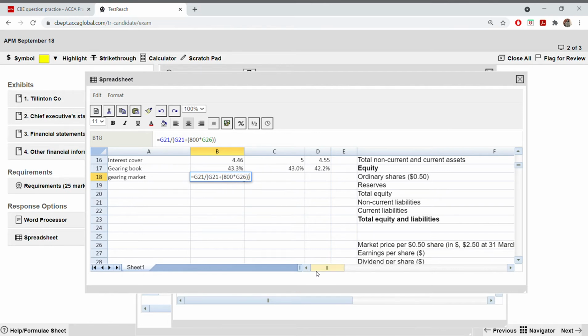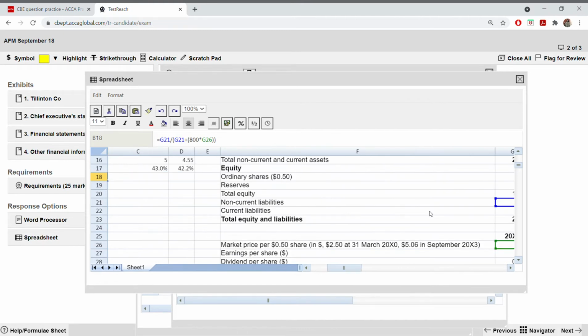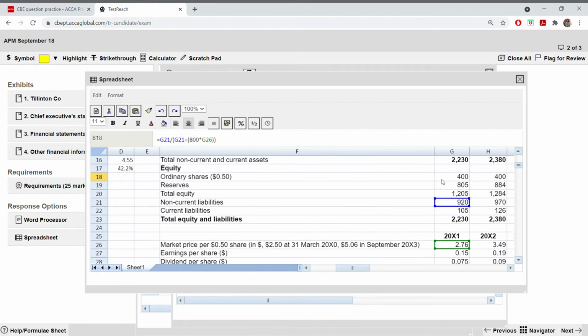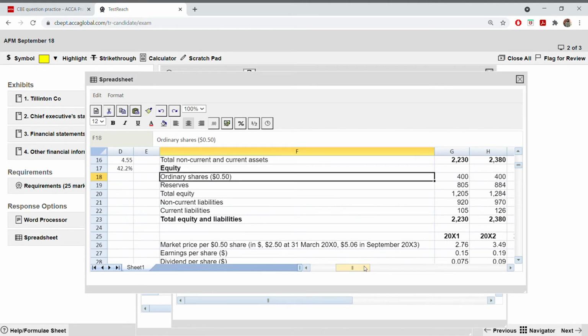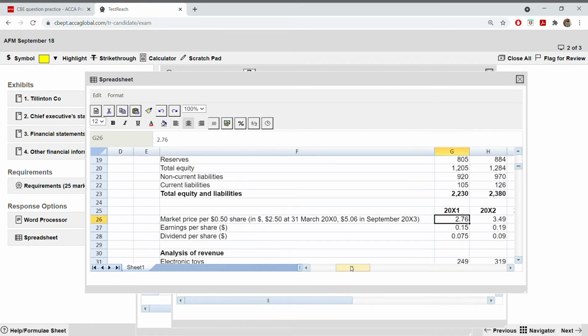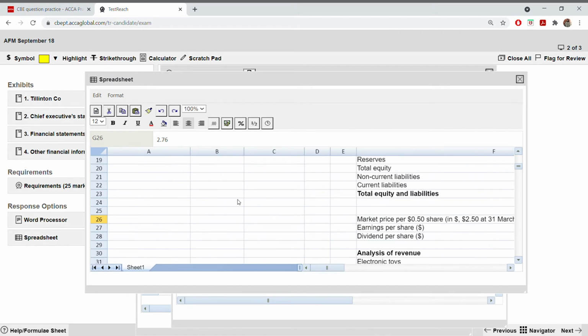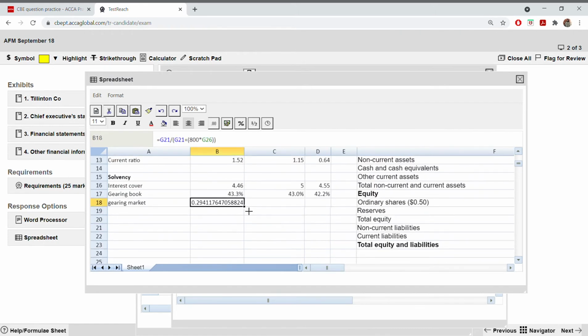When you take your share capital, 400 divided by 0.5 is 800, multiplied with the share price. So every year it was 800 only. Now take it in terms of percentage to one decimal place. Now it's correct: 29.4, 25.8 and 22.